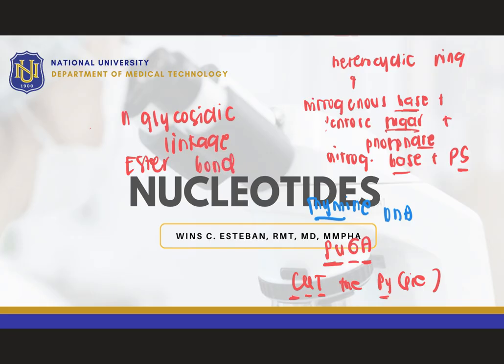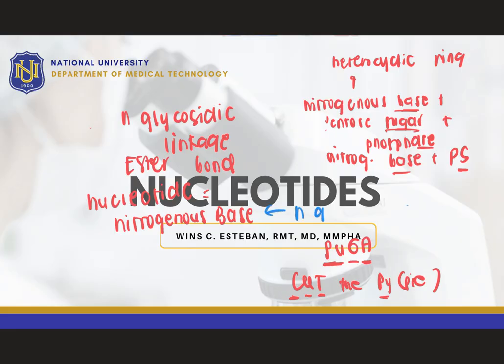So, let's try to draw it. So, in your nucleotide, di ba sabi natin it is composed of your nitrogenous base. So, ang nagko-combine between your nitrogenous base and your pentose sugar is your N-glycosidic bond, 'di ba?